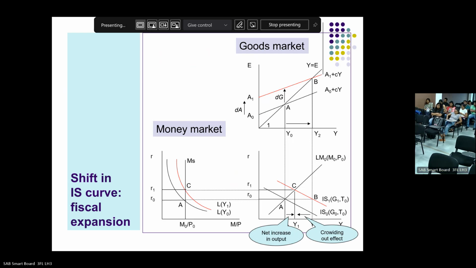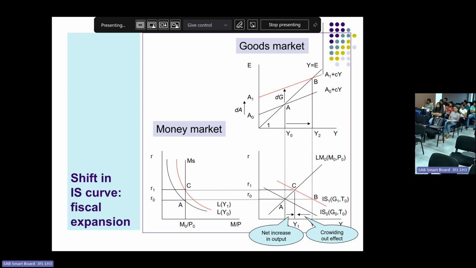If we take this point, according to the Keynesian explanation, this explains the Keynesian multiplier, 1 over 1 minus b, right? Due to the multiplier effect, due to a rise in the government expenditure from G0 to G1, the income will increase from Y0 to Y2, as identified in the Keynesian theory, the multiplier effect, right?